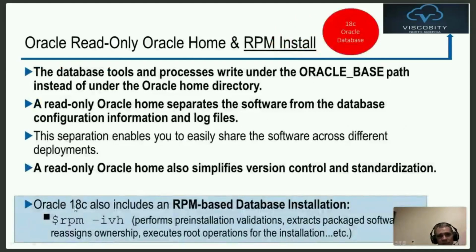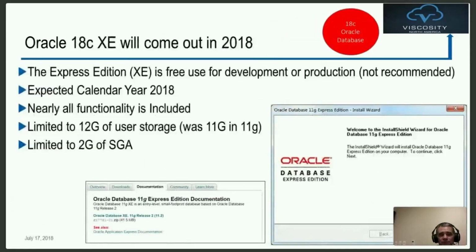In addition, also on 18c, I could do an RPM, if you're familiar with that. The big benefit to read-only Oracle Home is this line right here: the database tools and processes are under the Oracle base path instead of the Oracle Home. The read-only Oracle Home now separates that software from all this configuration information. It's going to help you with version control a little bit too.